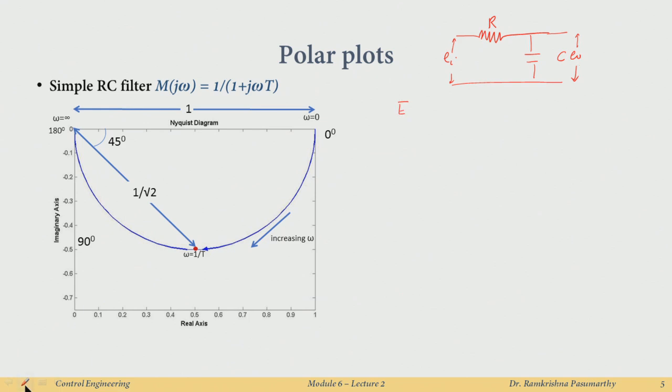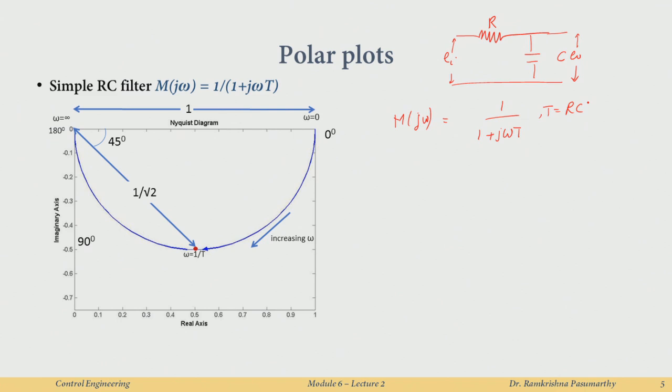So I'll just directly write down the sinusoidal transfer function, not even the overall transfer function. So this M of j omega looks like 1 over 1 plus j omega t, where t is the time constant, t equal to RC.